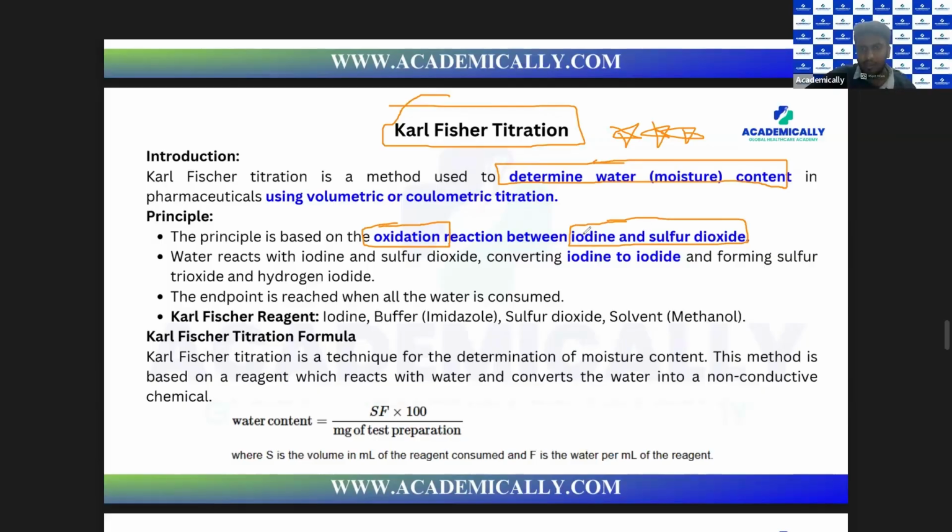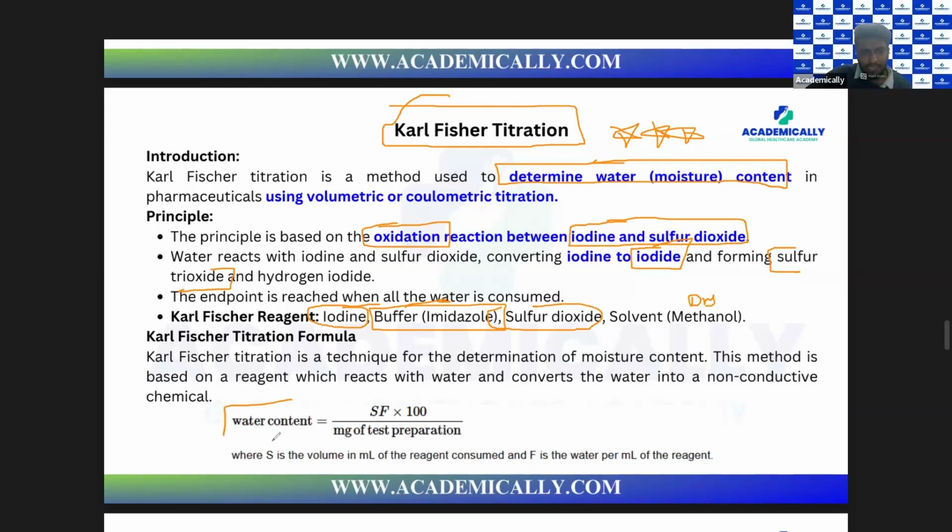In this, iodine gets converted to iodide, and sulfur dioxide leads to formation of sulfur trioxide, GPAT 2018. Karl Fischer reagent, GPAT 2021: iodine, sulfur dioxide, methanol, dry methanol to be very specific. Let me write it: dry methanol solvent, and imidazole, which acts as a buffer.